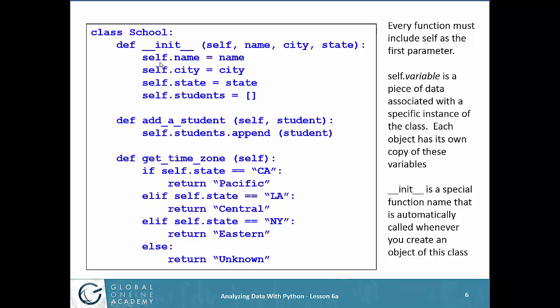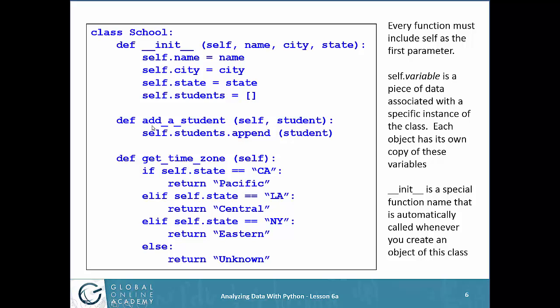On the left-hand side, when I do self.name, it means this object is going to have a variable attached to the object with the name name, and another one .city, and another one .state, and another one .students. I'm going to initialize the name, city, and state to the name, city, and state that were passed in. And I'm going to initialize the students to just an empty list. I don't pass any students in. I start out with no students.